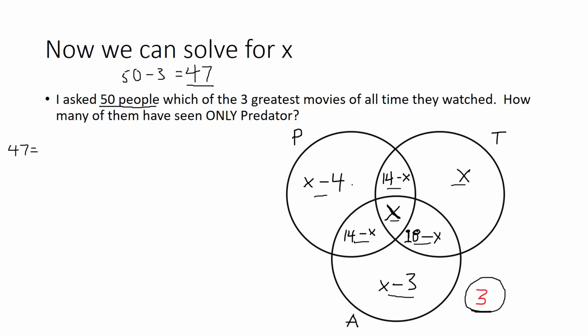This 47 people, we have to find them, we have to add all of these sectors together. So this is going to look like a bit of a Frankenstein monster, but that's okay. It gets better in a hurry.